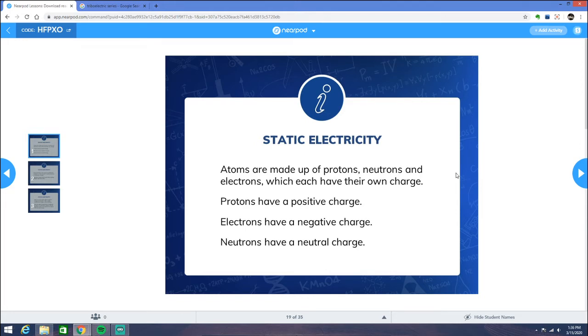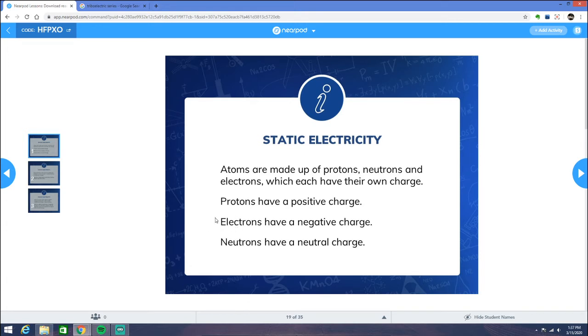Like I said, all of this is just one big review. Static electricity, again, we know that atoms are made up of protons, neutrons, and electrons, and they all have their own charge. This is a big thing, because sometimes you guys like to mix it up. Protons are positive charge.